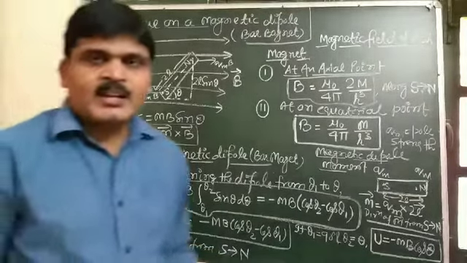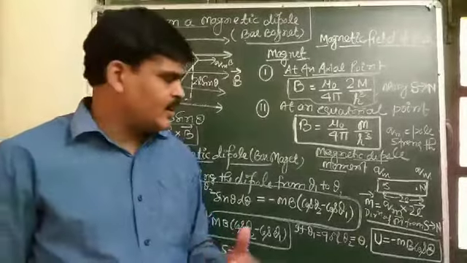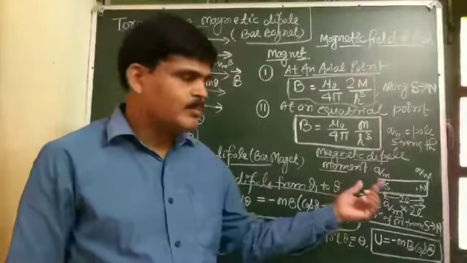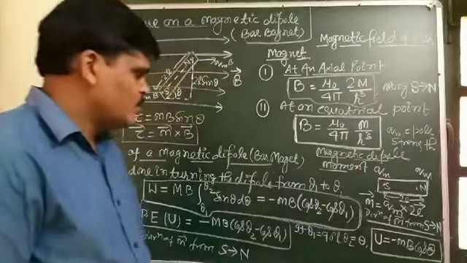A bar magnet, a magnetic needle and a current carrying loop behave like a magnetic dipole, and they have a magnetic dipole moment.